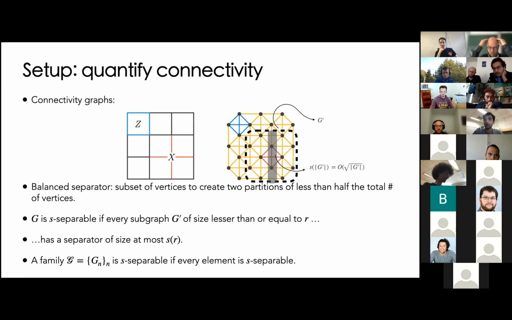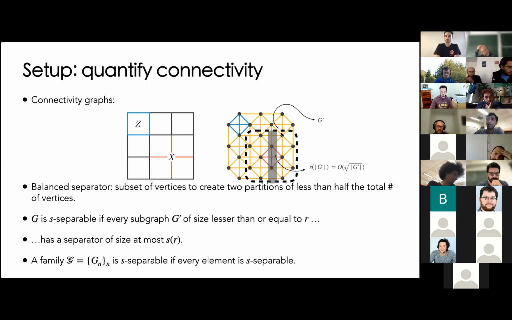So here's an example that might help clear this up. I fix R to be some number, and I choose a subgraph, so it's a subset of size less than or equal to R. What S says is that if I consider such a subset of size less than or equal to R, then the size of the separator is at most S of R. For example, in the case of a planar graph, in the case of the toric code, for any subset that I consider, if I have, say, an L by L grid, I can remove the column of vertices from the middle and separate the graph in two.